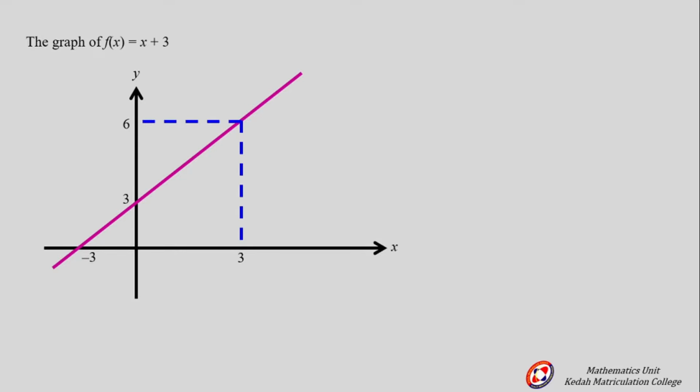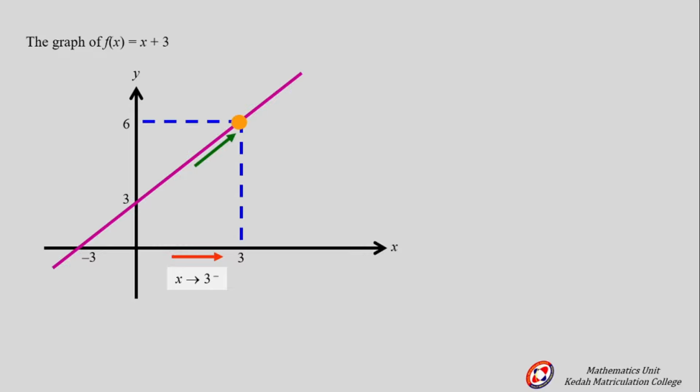Okay. Now, look at the graph. We want to know what happens to f(x) when x gets closer and closer to 3. We start from the left. When x is approaching 3 from the left, our graph is increasing and approaching 6.